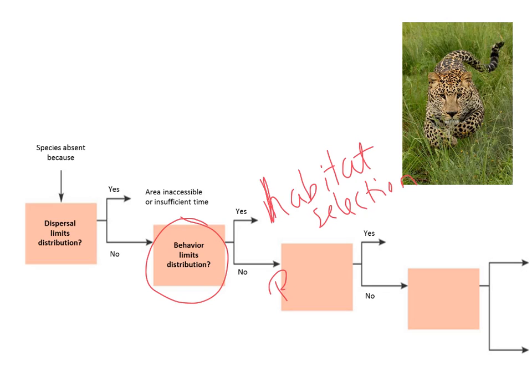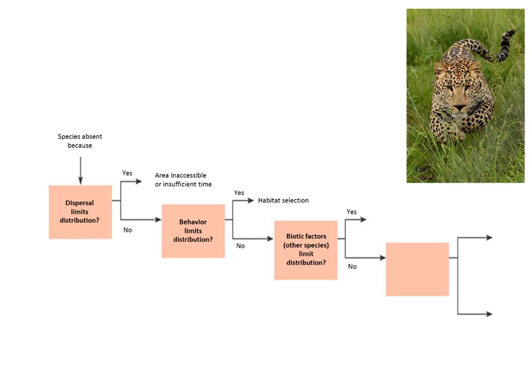Our next question is about the biotic factors. First we ask about dispersal, then behavior, and now we're focused on the biotic factors. Maybe biotic factors have a reason why the species is absent, why it's not in this particular place.